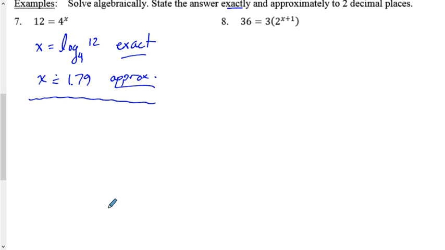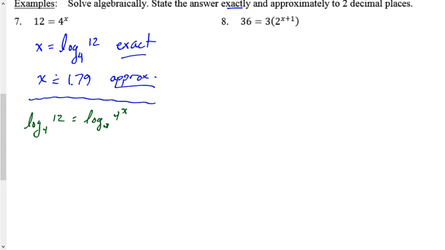Suppose instead we had taken the logarithm of both sides. If we perform the same operation on both sides of the equation, it's a legal step in solving. So if I was to take the log base 4 of 12 on the left and log base 4 of 4 to the x on the right, that's a legal step.